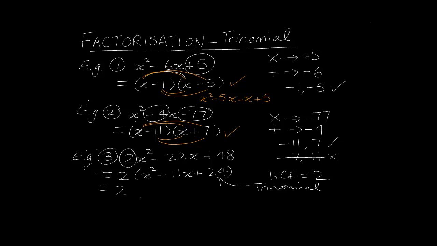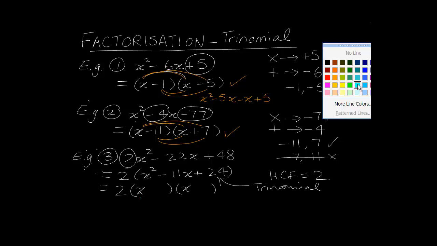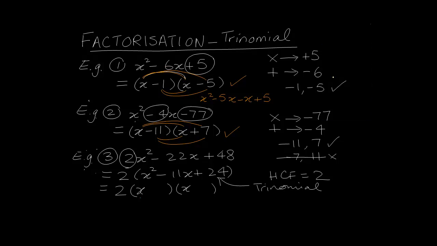So leave the 2 where it is and introduce your two brackets. We pretend that 2 is not there for a moment. To get the x squared, I need to have an x and an x. Now I need the numbers multiplying to give me positive 24, and adding to give me negative 11.